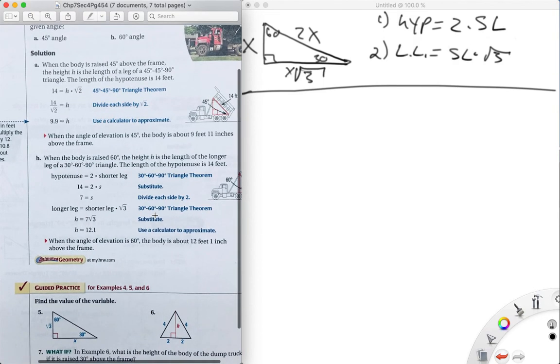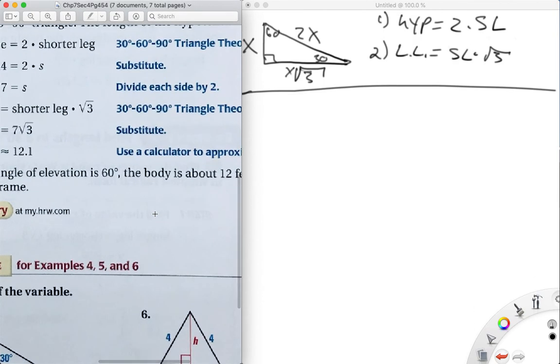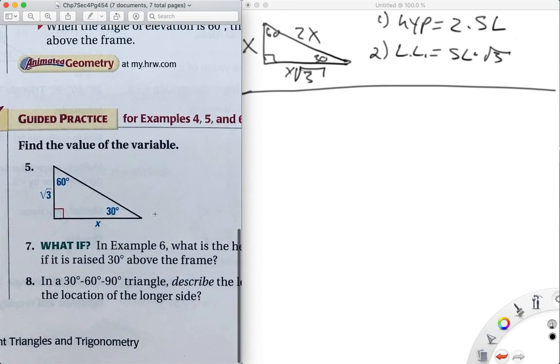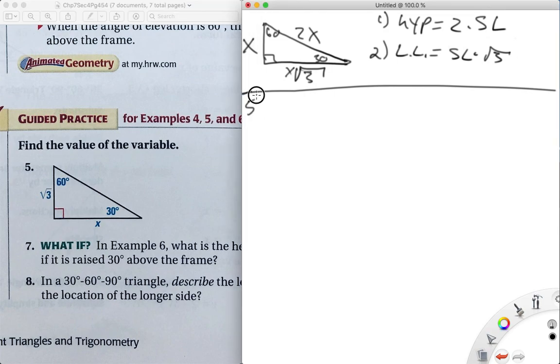So when we do these, look at number 6. They want us to find a variable. Here's the long leg because it's opposite of 60. Here's the short leg because it's opposite of 30. So if they wanted to find what the long leg is, we look at this equation here. We have the short leg. The short leg is square root of 3.